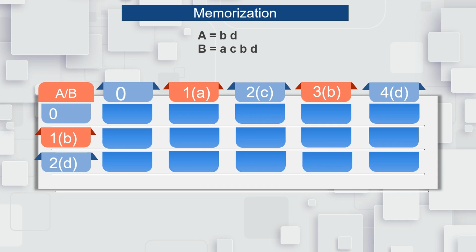And like that, we assign A and B to the matrix. In the matrix, if the row or the column index is 0, then we assign 0 to that place, as the condition suggests. That's how we have completed the first row and the first column with 0.